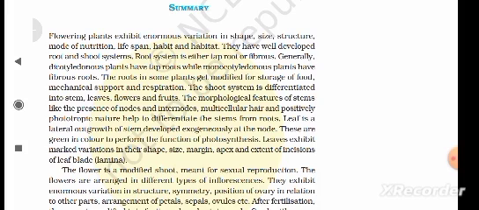Leaf is a lateral outgrowth of the stem, developed exogenously at the node. These are green in color to perform the function of photosynthesis. Leaves exhibit marked variation in their shape, size, margin, apex and extent of incision of the leaf blade lamina.